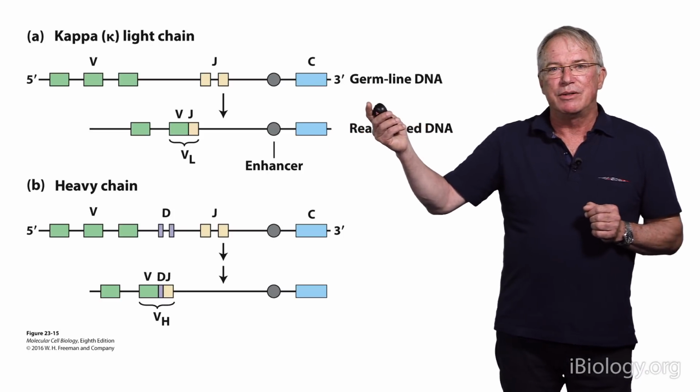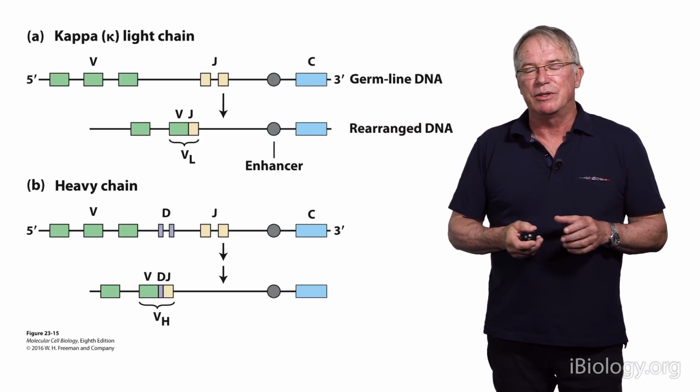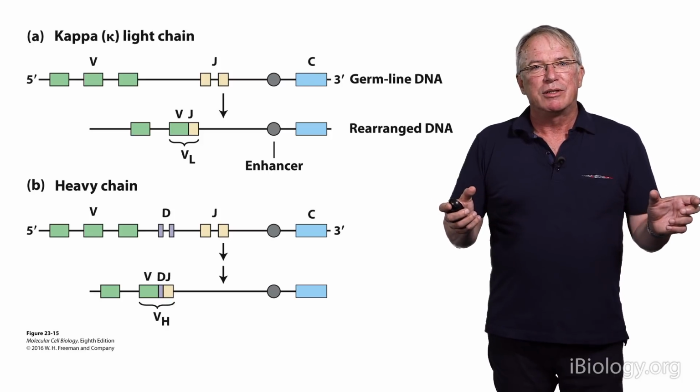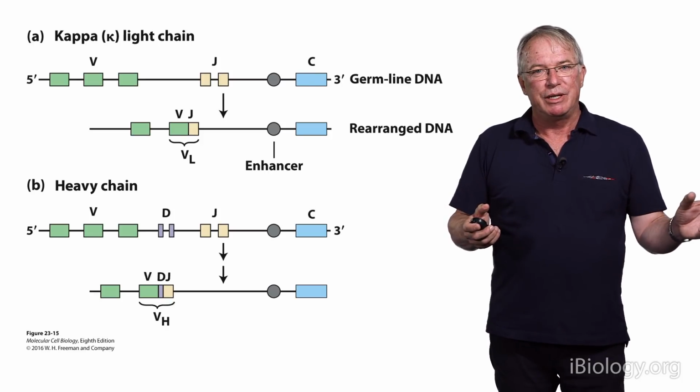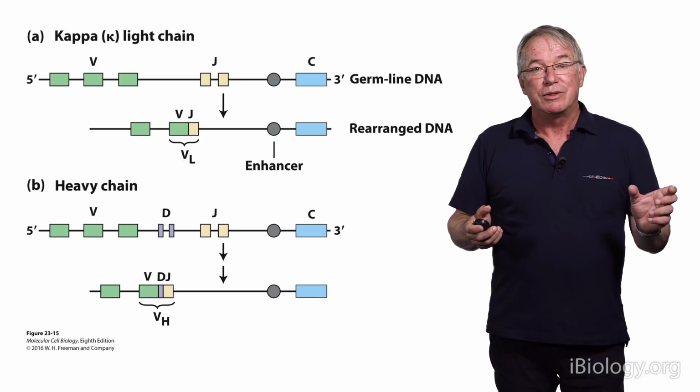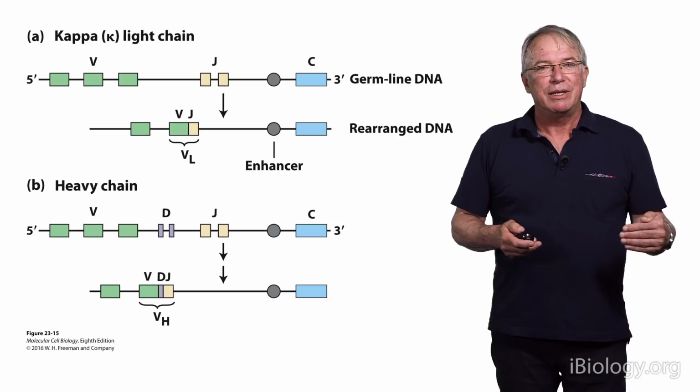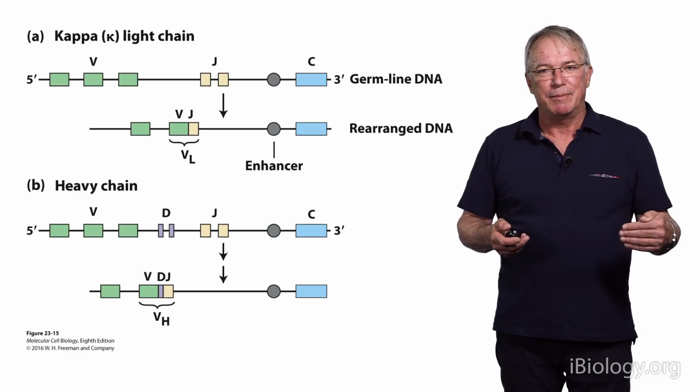In the course of B-cell development, somatic gene rearrangements occur, and this allows juxtaposition of a randomly chosen V gene element with a randomly chosen J segment. And it's not until this rearrangement process is complete that we arrive at a functional light chain.